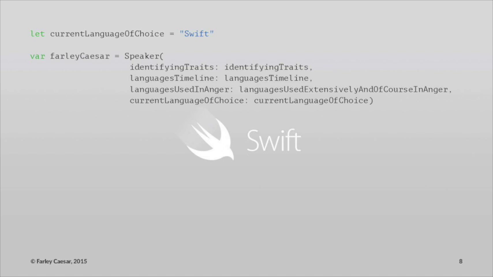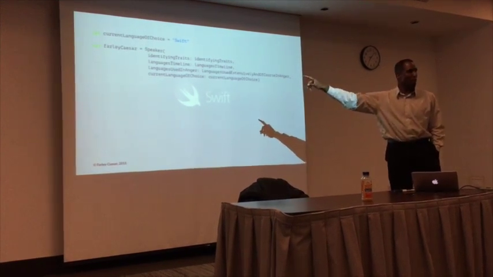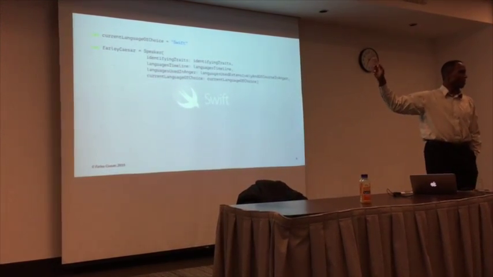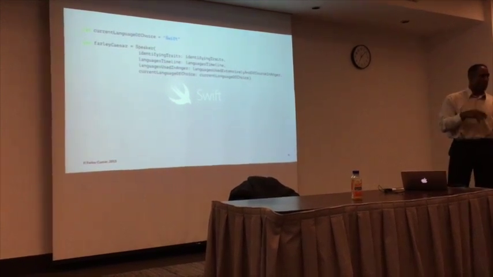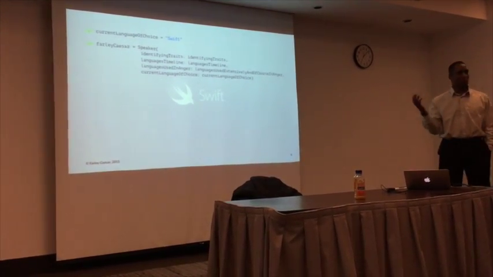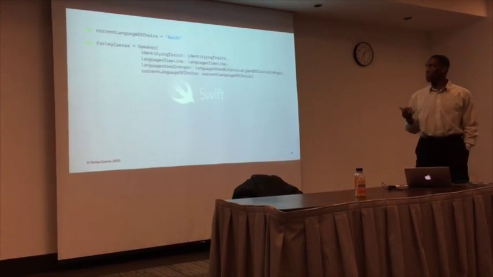Now I'm going to set Farley Caesar as a speaker who has these attributes: these identifying traits, this languages timeline, languages used extensively and of course in anger, and the current language of choice. One thing you'll find interesting is that I used a var to set Farley Caesar instead of a let. In Swift, if you use a let to declare a variable, really to bind a name to a value, you're creating something that's immutable.